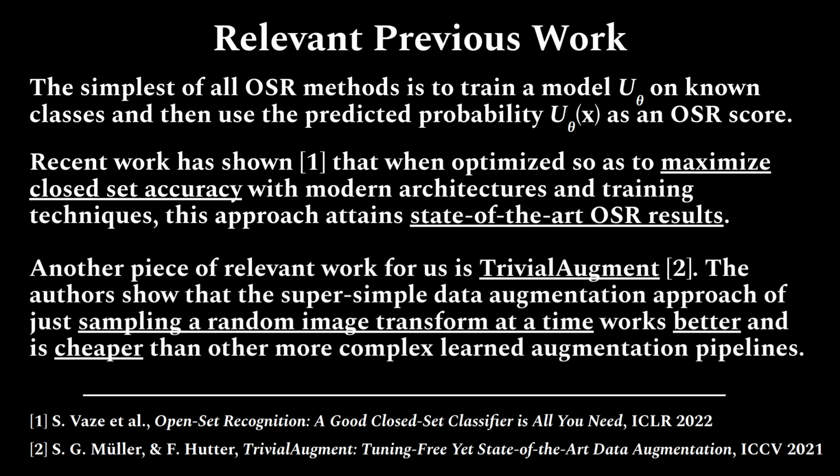Another technique that we are going to use in our work is TrivialAugment. The idea is very simple. You create a data augmentation policy in which you sample one image transformation at a time, applied with random strength, and that's a super trivial augmentation policy that reaches the same results as other more complex learned data augmentation approaches.